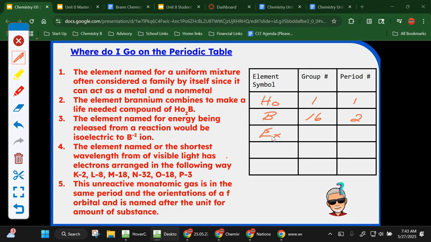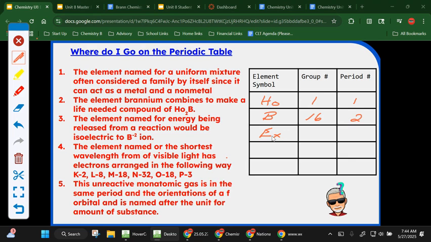It is a nonmetal. Nonmetals are always isoelectric to what? What element are things isoelectric to? Noble gases. Good, the noble gases.